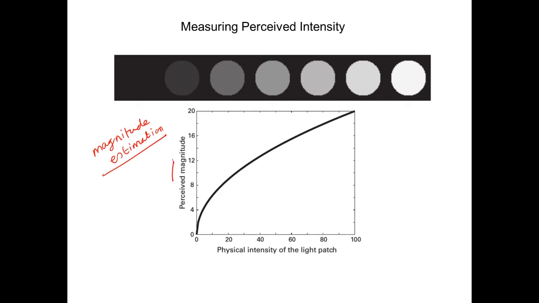So the y-axis is the perceived magnitude, and the x-axis is the physical intensity of light, and you can see that it follows a power law.